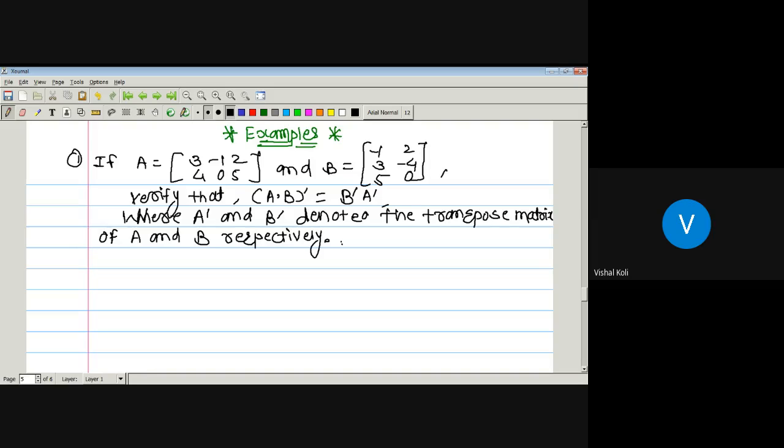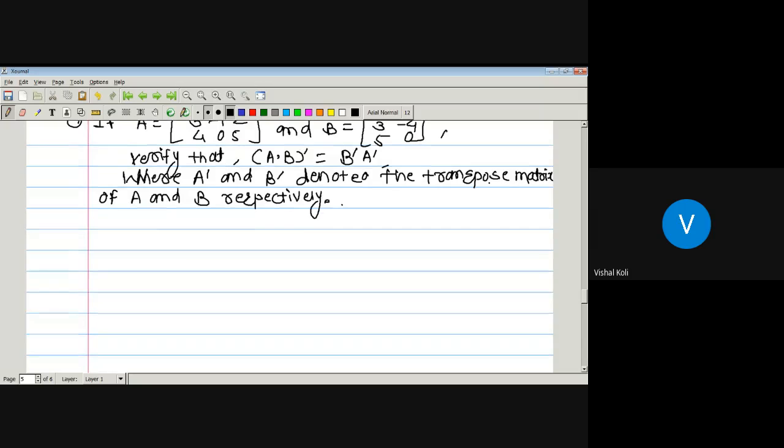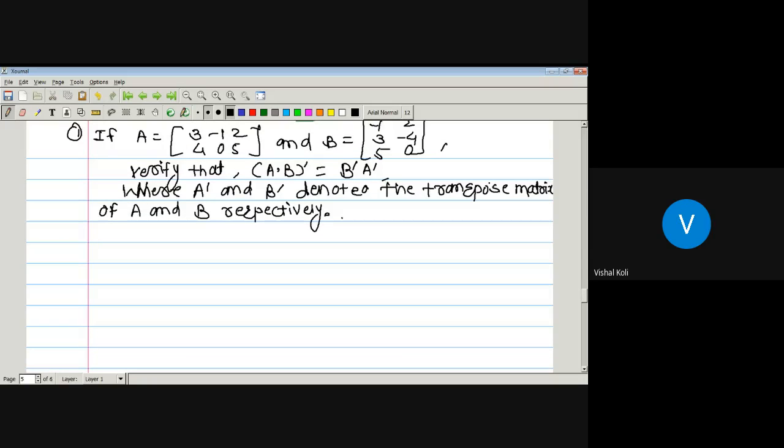Okay, so here we are given two matrices A and B, and we have to check whether (A B) transpose is equal to B transpose into A transpose, where A dash and B dash denote the transpose of the corresponding matrices A and B. So let us find the transpose of the given matrices. Okay, so it's a solution.